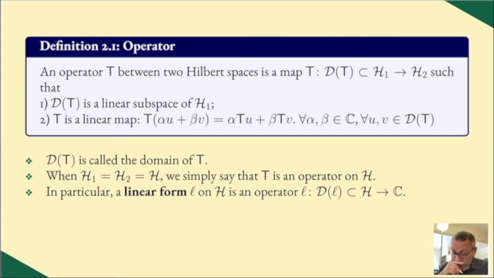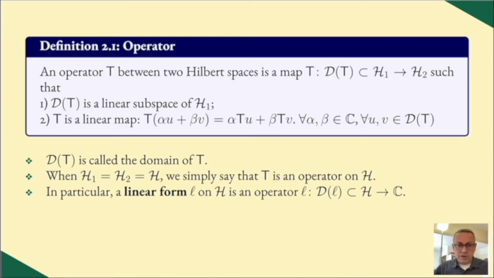We're going to call an operator between two Hilbert spaces H1 and H2 a map which is not necessarily defined on the whole of H1, so it's only defined on a subset of H1, with two requirements. We require that D(T) is a linear subspace of H1, and the map T is a linear map in the usual sense on D(T). So that will be our notion of operator.